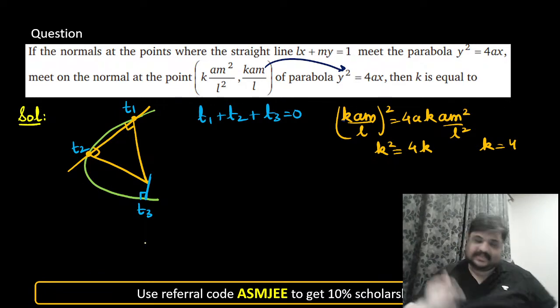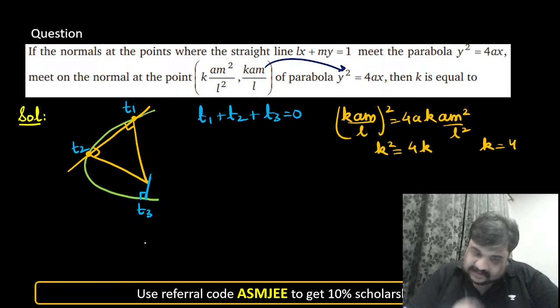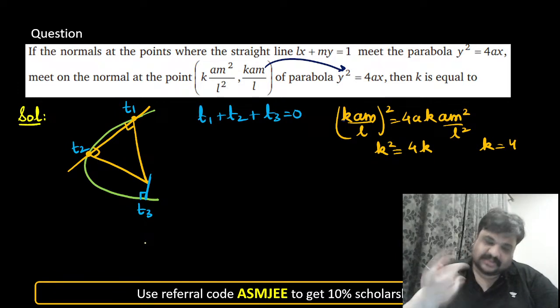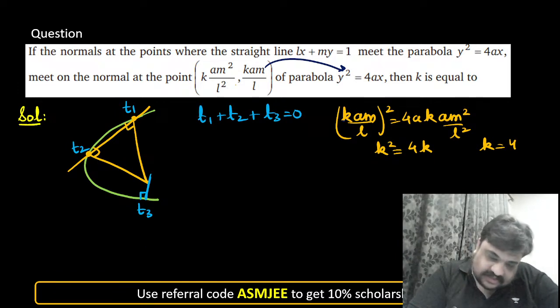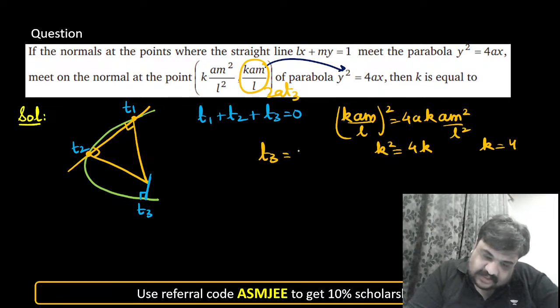But let me show you what the question wants us to do. So this is 2at3, so T3 is Km by 2L.